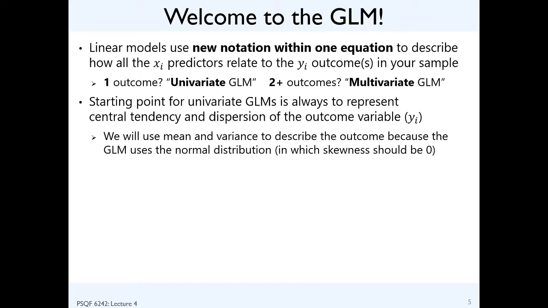Skewness is going to be 0. So normal. Do you remember what normal means? What that picture looks like? Yeah, symmetric and continuous. Can you think of any outcome variables that are perfectly symmetric and continuous? They're hard to come by. But that's okay. Because when we say that we're using the normal distribution, what we're actually talking about is that the residuals of the distribution are going to be normal.